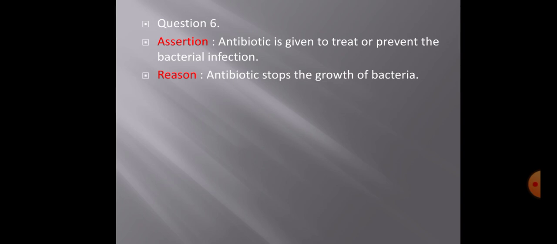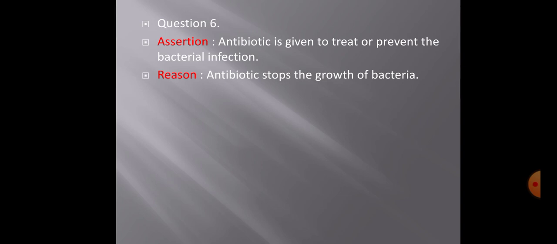So this statement says that antibiotics are the ones which help in preventing bacterial infections. Yes, it's very much true that antibiotics are the serums which are helpful for avoiding the growth of bacteria in the human body.